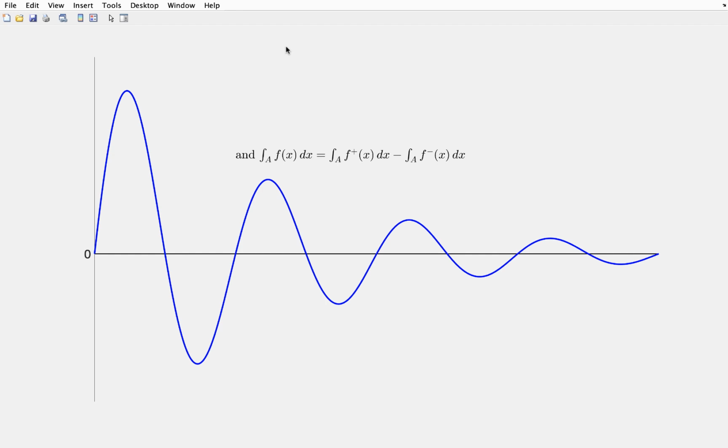Notice that the integrability of f plus and f minus implies that the absolute value of f is integrable. However, we cannot just say that the absolute value of f is integrable implies that f plus and f minus exist. That's not true. Consider the function that is 1 for rational numbers and -1 for irrational numbers.